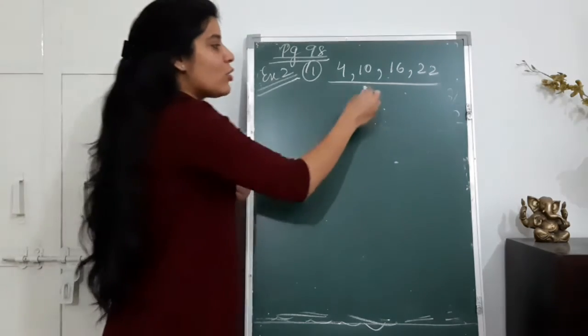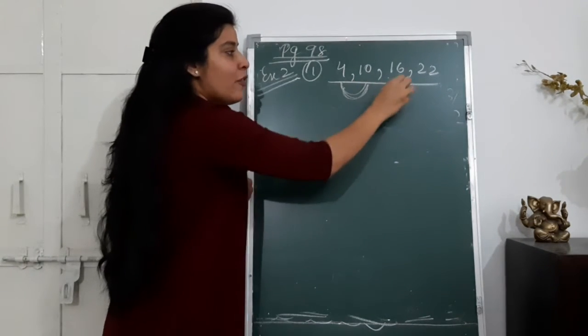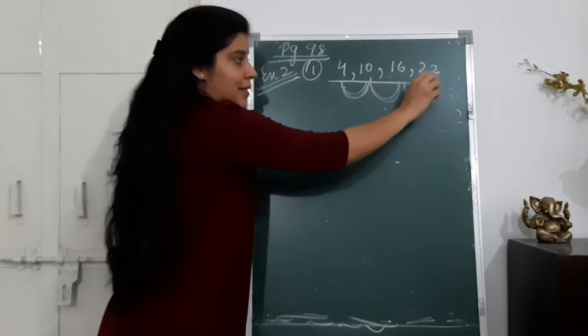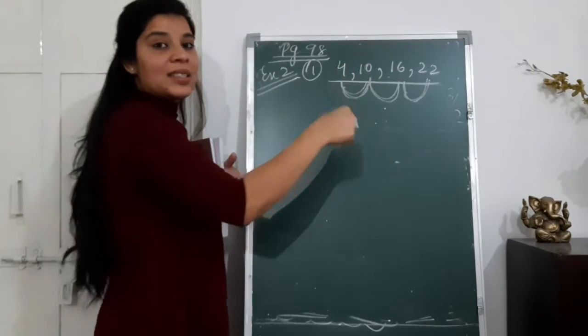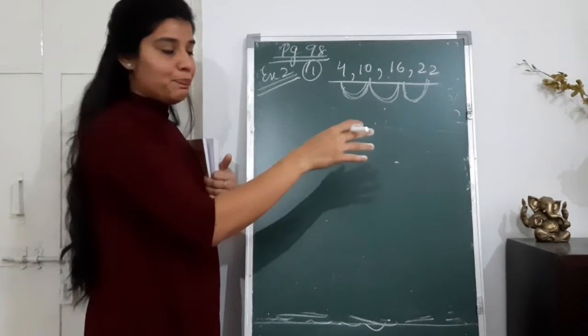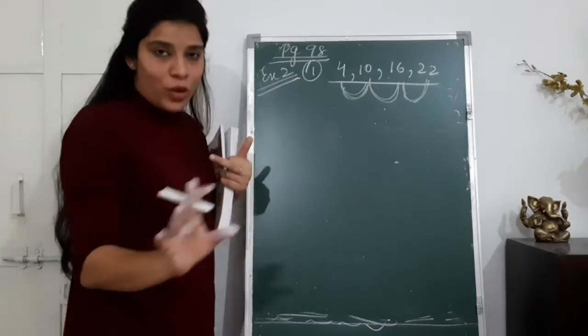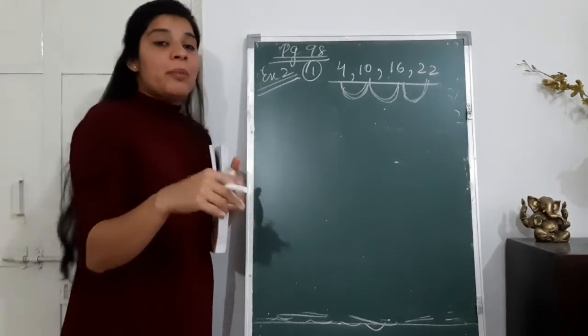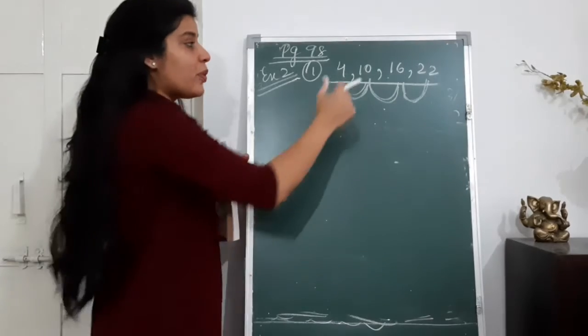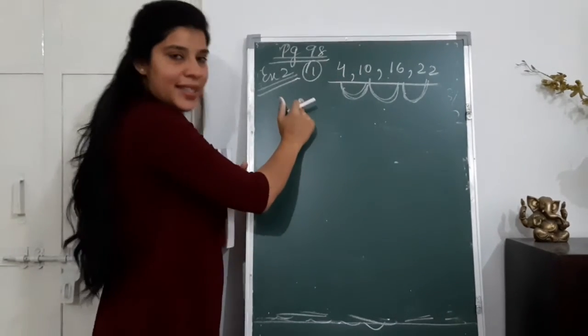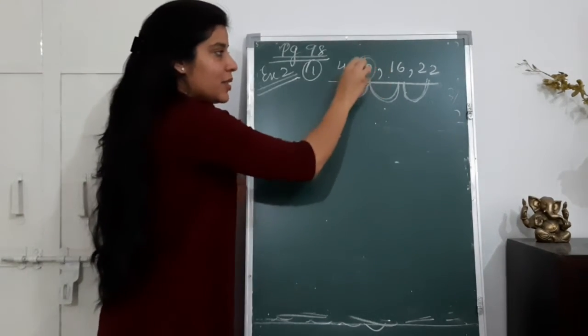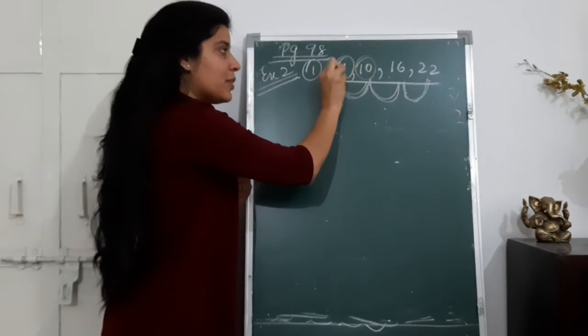I clearly told you, when you subtract the preceding term from the succeeding term. I'm sorry, I always get confused with this. So when you subtract the preceding term from the succeeding term, here the succeeding term is 10 and the preceding term is 4.